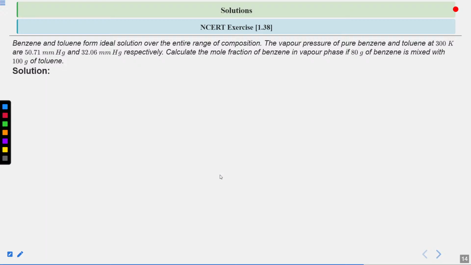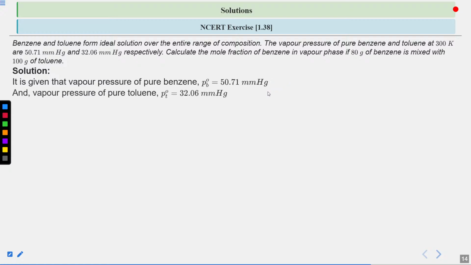Now we are interested in calculating the vapor pressure of benzene. How will we do it? We know that for the pure solvents, benzene's vapor pressure is given as 50.71 mmHg. Similarly, for toluene, the vapor pressure will be 32.06 mmHg.